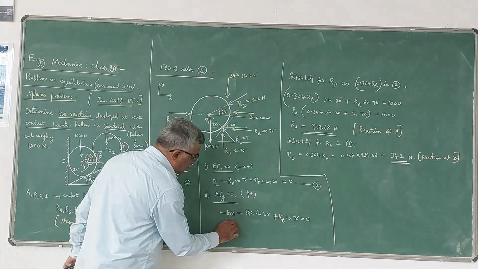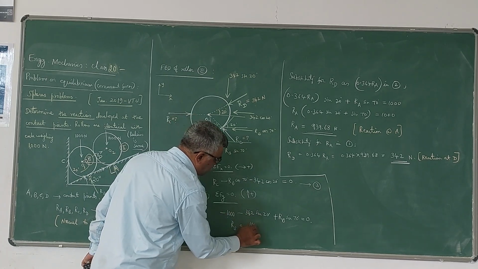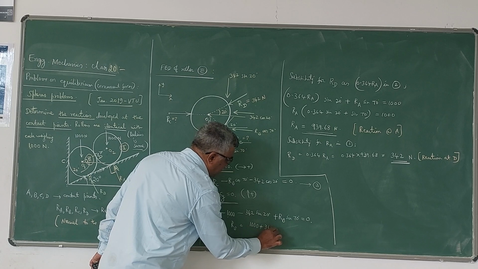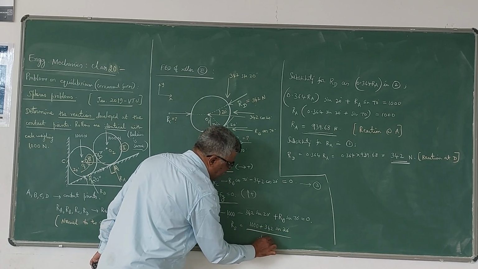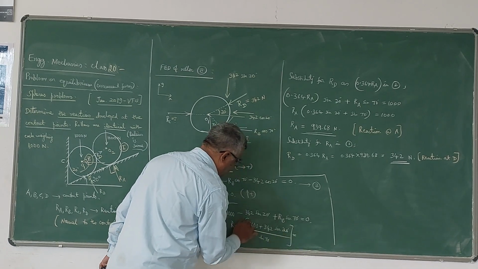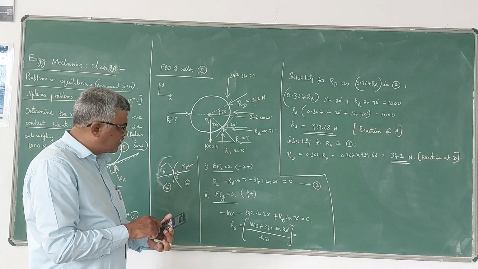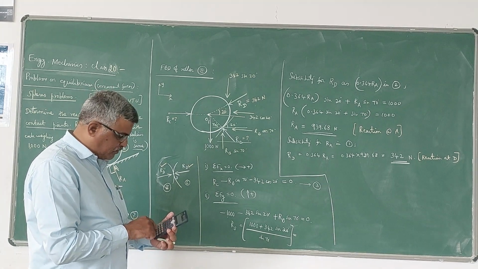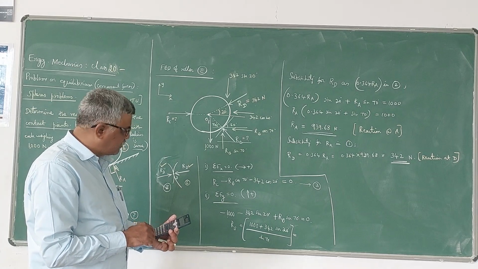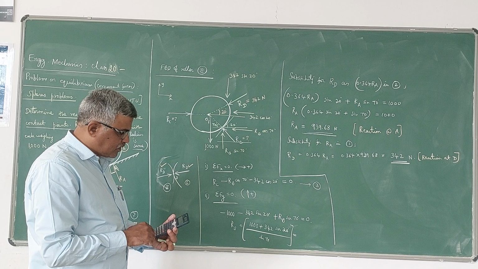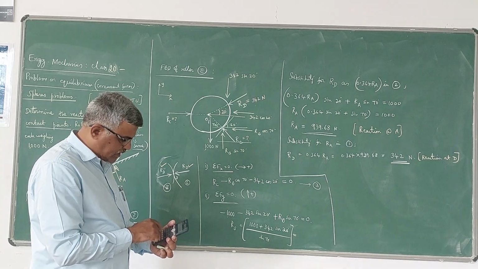So RB is equal to (1000 plus 342 sin 20) divided by sin 70 degrees. So this is the value of RB. Let us simplify that. 1000 plus 342 into sin 20, divided by sin 70.